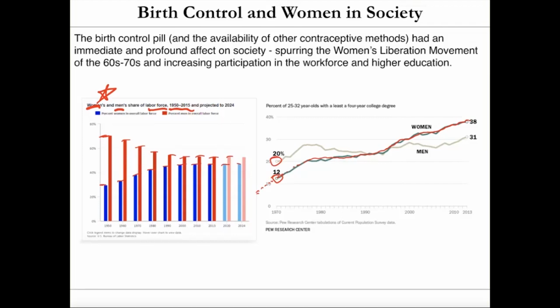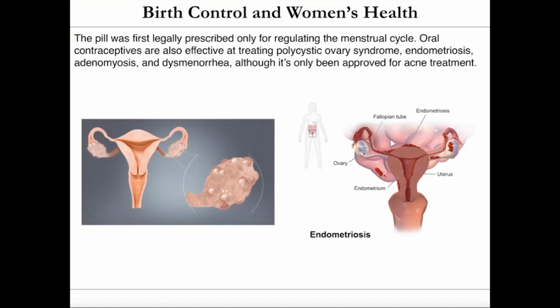So this could not be possible without the flexibility that birth control and family planning provides for women. And as I mentioned, the pill was first legally only prescribed for regulating the menstrual cycle. It took a couple of years before doctors were able to prescribe it specifically as a contraceptive.